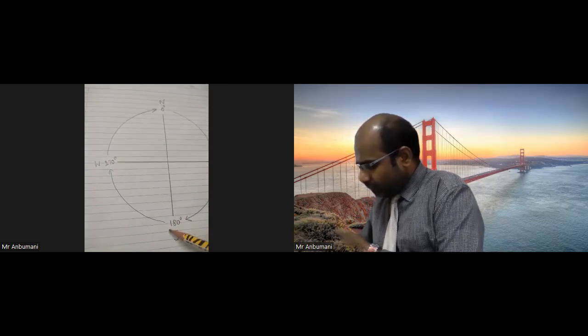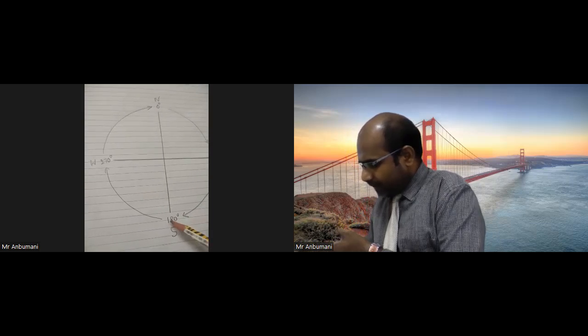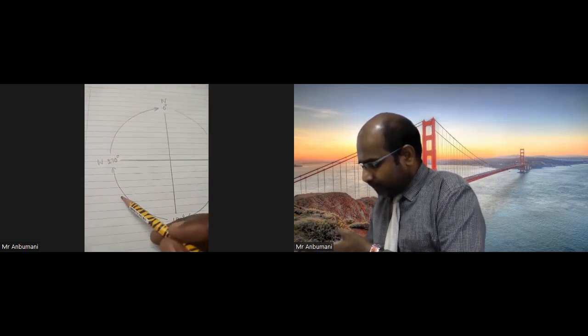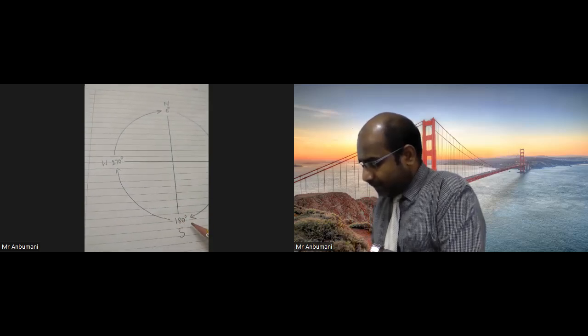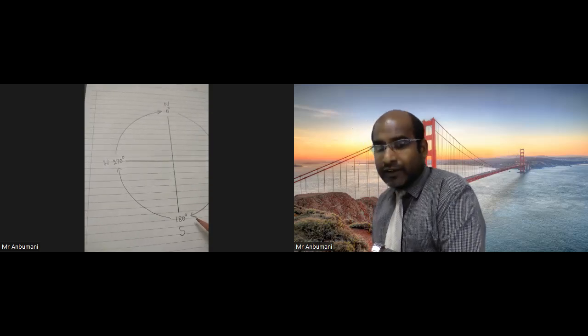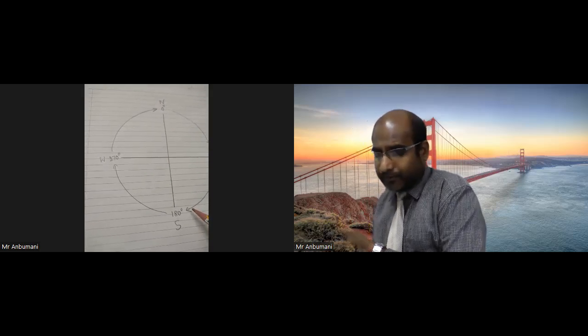Whenever the place goes beyond 180 degrees, the degree which you got should be added to 180 degrees. Then you will get the final total. The final total is the angle for this.